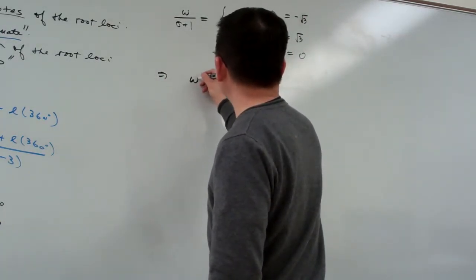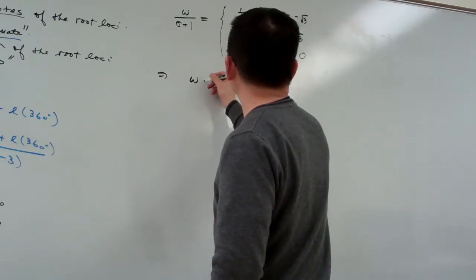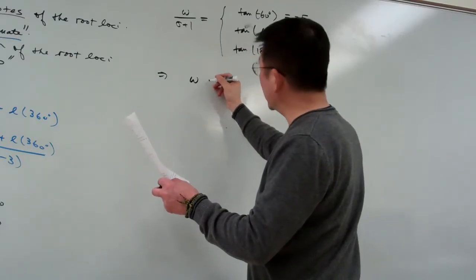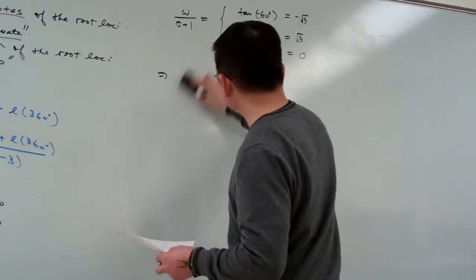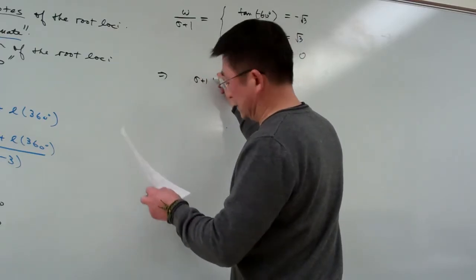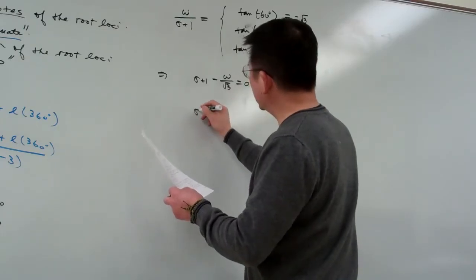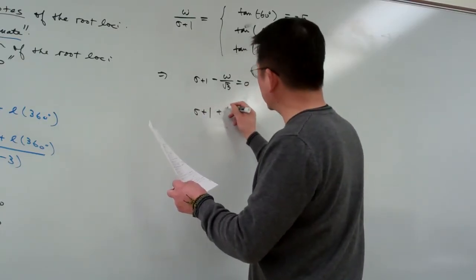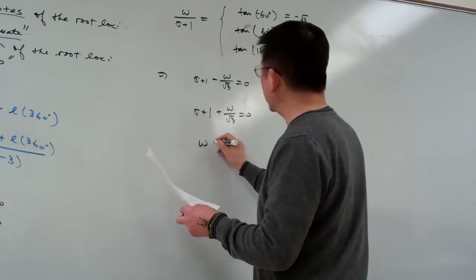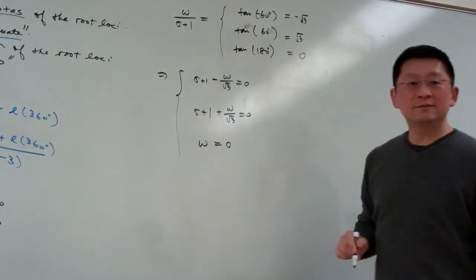That means omega sigma plus 1 minus omega square root of 3 equal to 0. Sigma plus 1 plus omega square root of 3 equal to 0. And then here is omega equal to 0. So we have three equations.